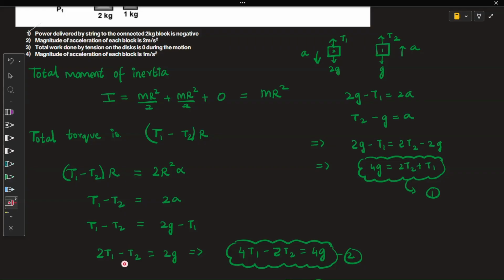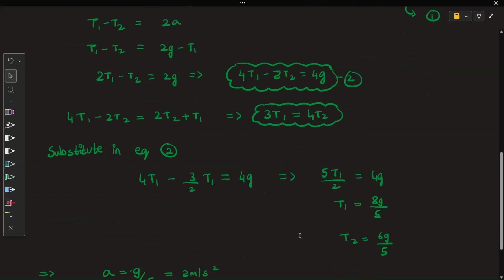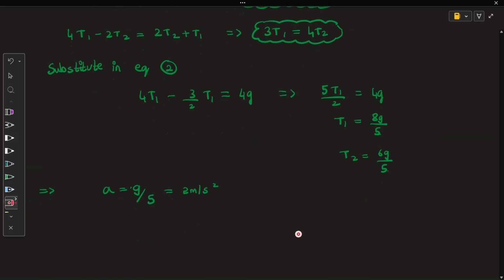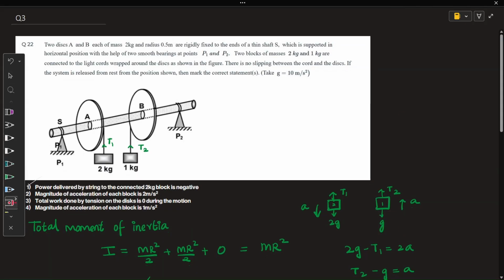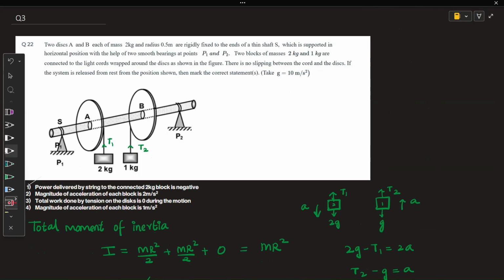If I simplify, what I get is 4T1 minus 2T2 is 4g. So I have two equations involving 4g. If I simplify, I can get the relation between T1 and T2. If I substitute it in either equation, I get T1 is 8g by 5 and T2 is 6g by 5. And if I substitute this in either of these equations, I get a is g by 5, which is 2 meter per second square. So option 2 is correct.